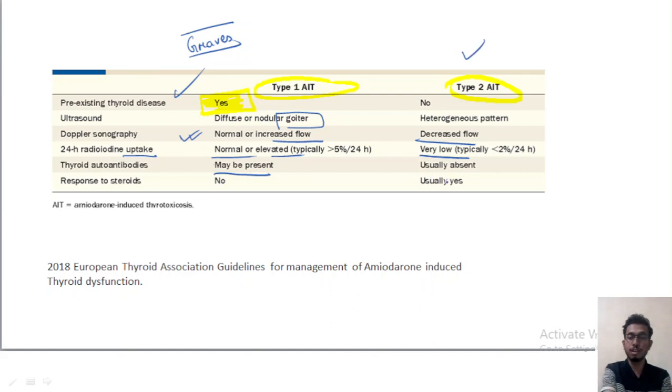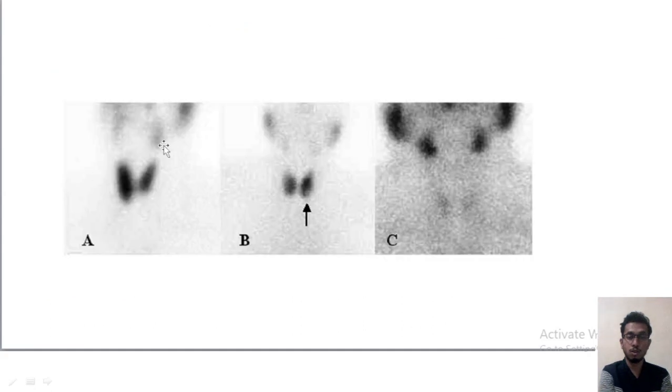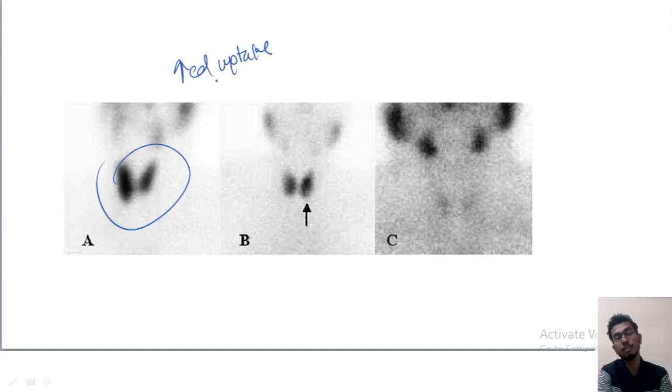Response to steroid is seen in type 2 AIT. Okay, alright. So this is the radionuclide scan which shows increased uptake. Increased uptake is usually seen in type 1 amiodarone induced thyrotoxicosis.